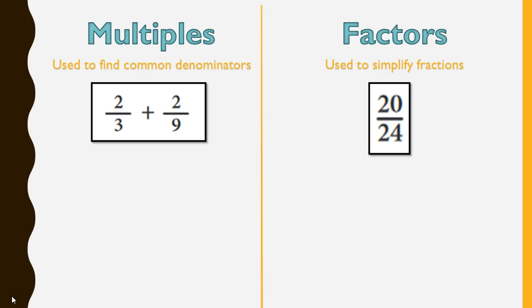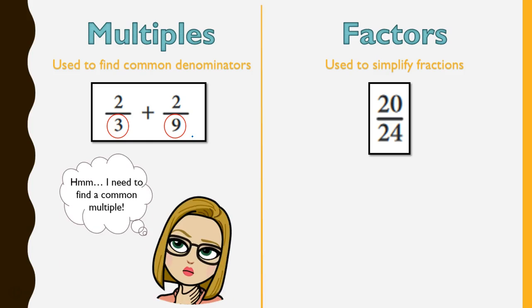In a previous video, we learned all about multiples and factors. So when I notice in some fractions that I'm trying to add that the denominators are not the same, I need to think, I need to find a common multiple. That's when we would use that tool of finding the least common multiple.